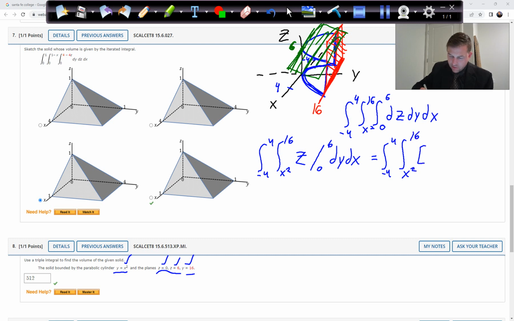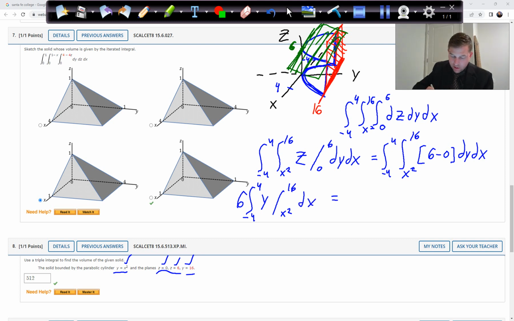The antiderivative, I already did it. Z, we're plugging in 6 minus 0, dy dx. So we pull the 6 out. And the antiderivative of dy would just be y, and we're taking that from x squared to 16. Then the dx.